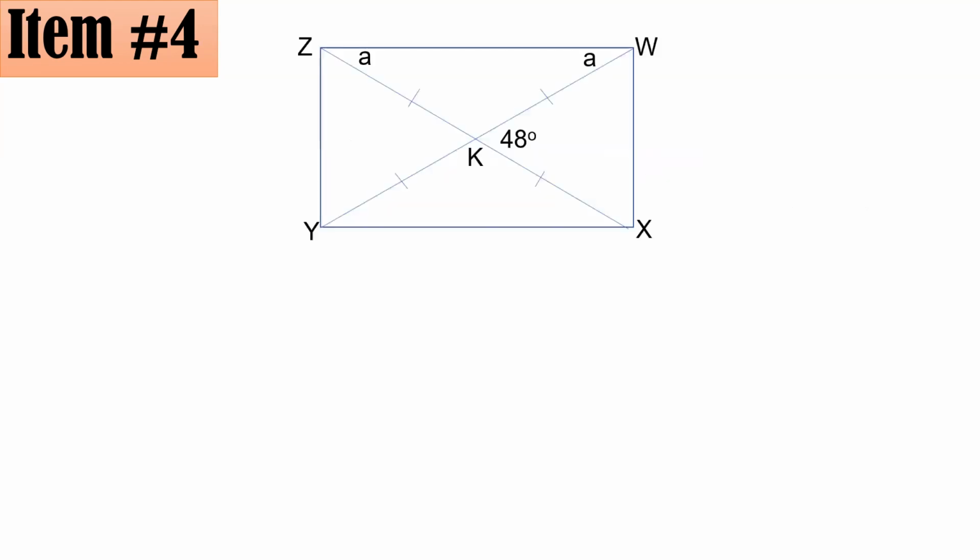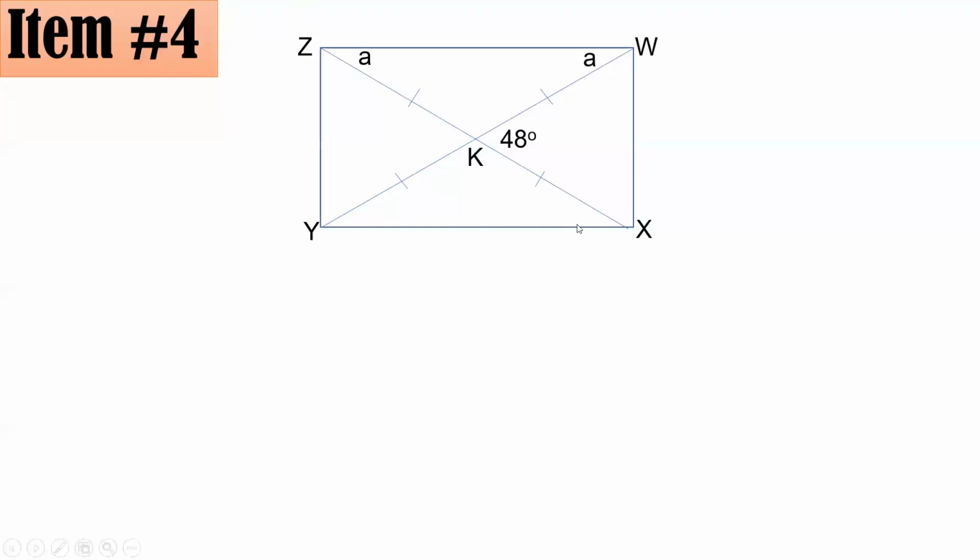So this is the illustration. This is WXYZ and the two diagonals are ZX and YW. And WKX is 48 degrees. Take note that it is actually a theorem that the two diagonals of a rectangle are congruent.